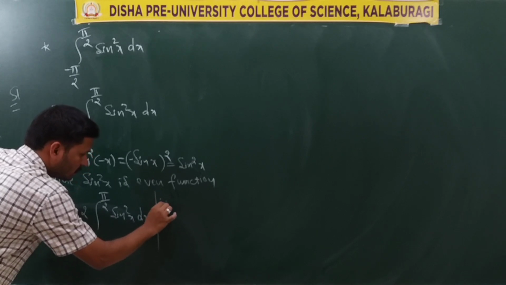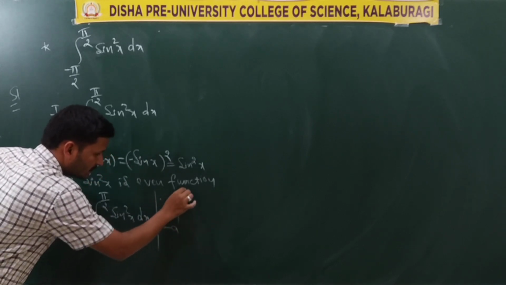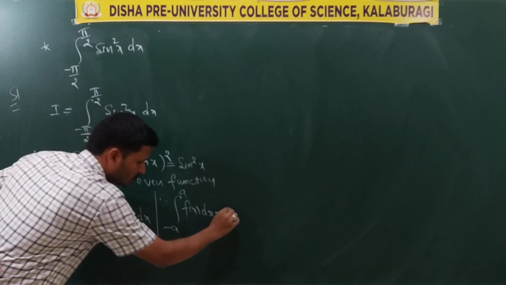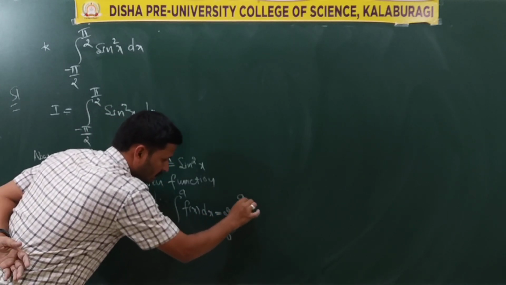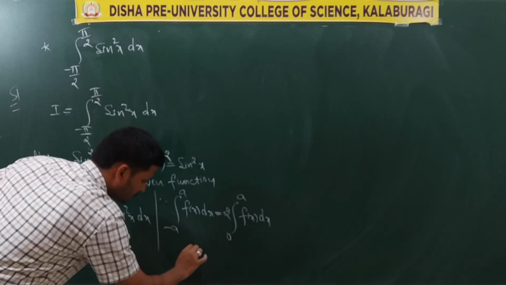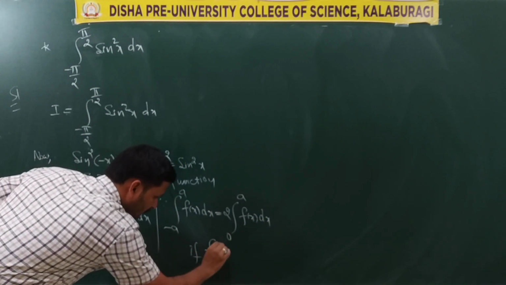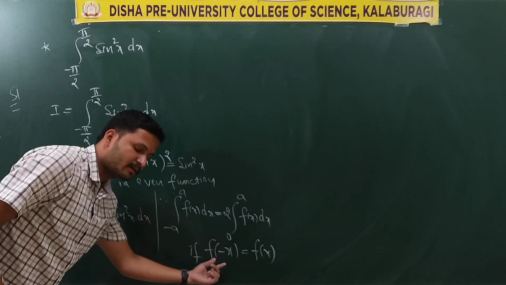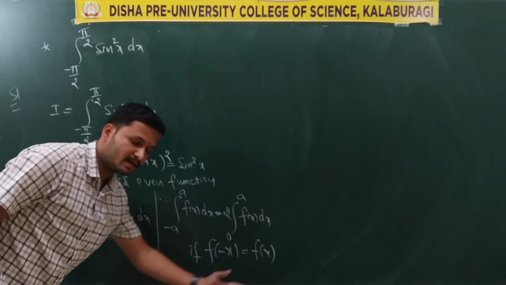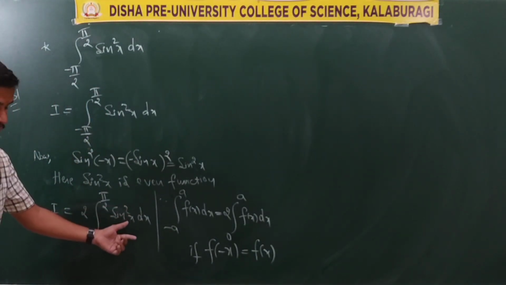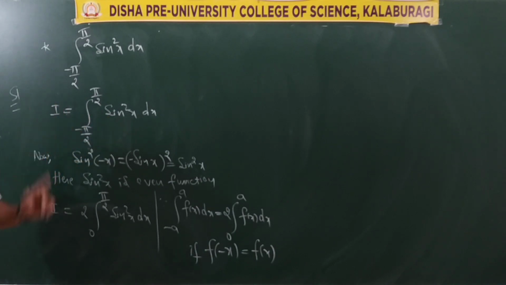This is because of the property: integral from minus a to a of f of x into dx can be written as 2 times the integral from 0 to a of f of x into dx. This is possible only if f of minus x is equals to f of x. That means when the function is even, we can write 2 times the integral from 0 to pi by 2 of sin square x, for the given expression.